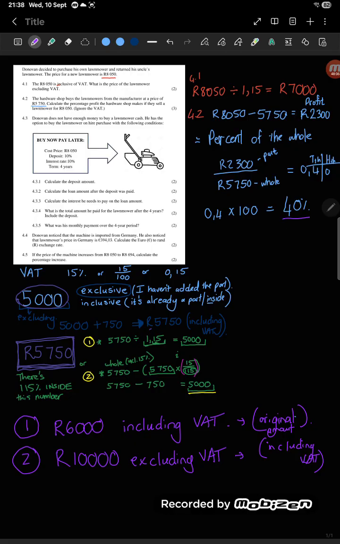So this was 40% markup of 40% of this. Let's see. Wow, Donovan's got a whole story about him. Donovan does not have enough money to buy a lawnmower cash. He has the option to buy the lawnmower on hire purchase. Hire purchase just means it's kind of like a loan, with the following conditions.